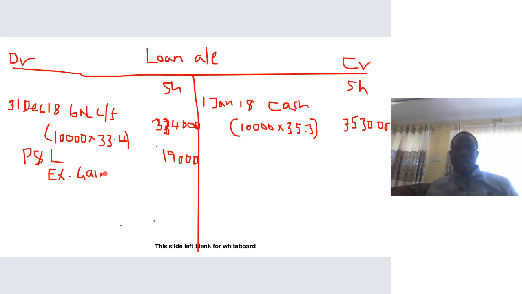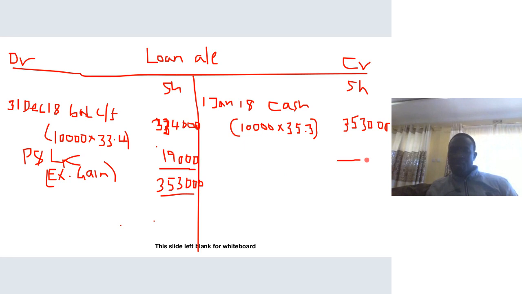And our total now will be 353. Remember, this one is from this. So you don't take the total as the gain. This is 353,000, sorry for that.